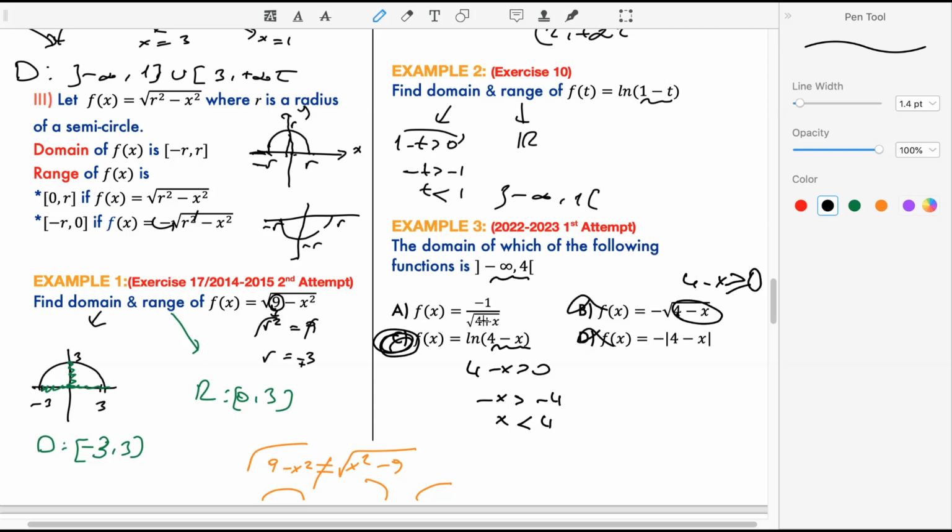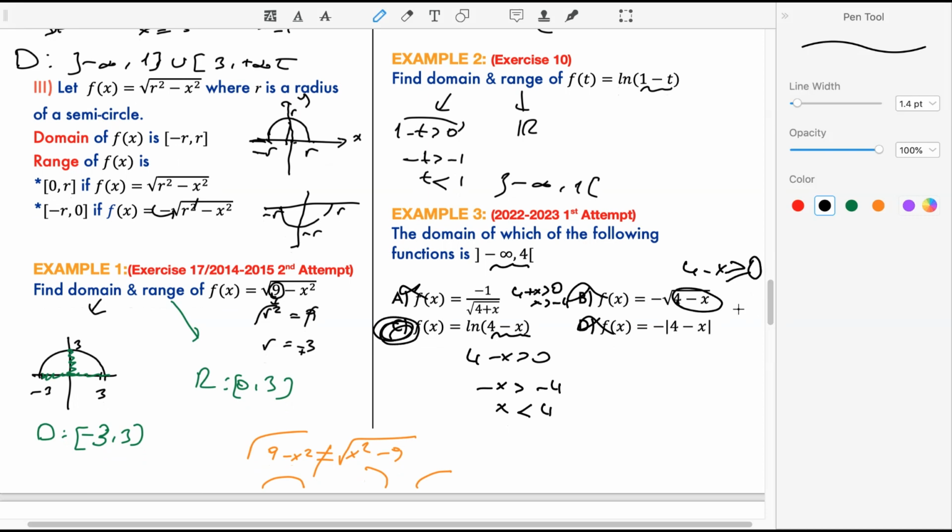And for A, 4 plus x must be greater than 0. In this case, x is greater than negative 4. Our number is 4, not negative 4, so that's not possible either. Option C is true. That's a nice question. You need to know the domain of 4 different functions. Let's move on.